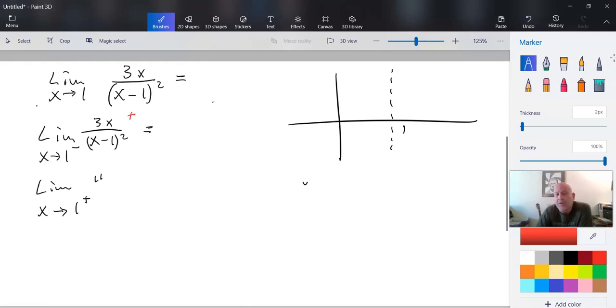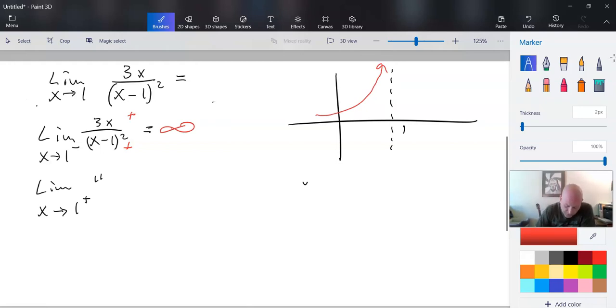Down here in the bottom, it actually doesn't matter what happens here. The square is going to make everything positive again. So I'm going to end up with positives on both of these this time. And because of that, and because the x minus 1 is still not removable, this comes out to positive infinity, right? So what that means is that this function goes up on this side.